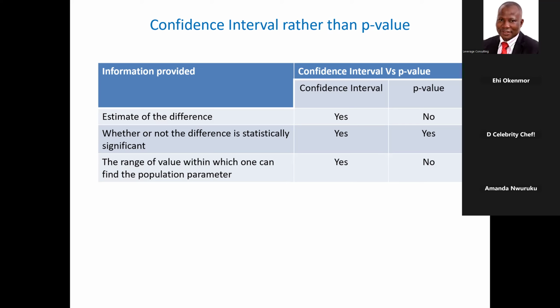In addition, the confidence interval will give you the estimate, and a range of values within which you can, to a certain percent confidence, find the population value. Does it make sense now? So the confidence interval gives you threefold information, while the p-value gives you only one.